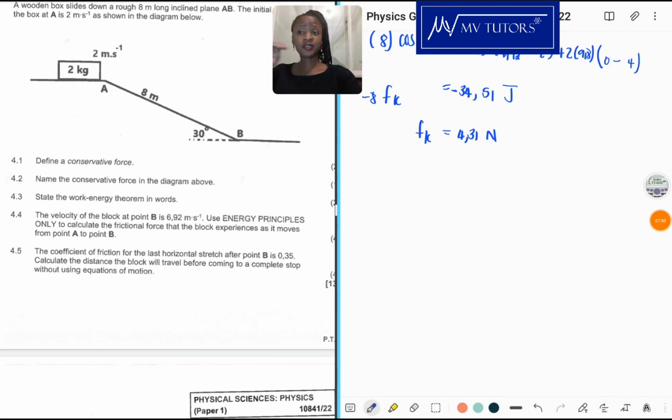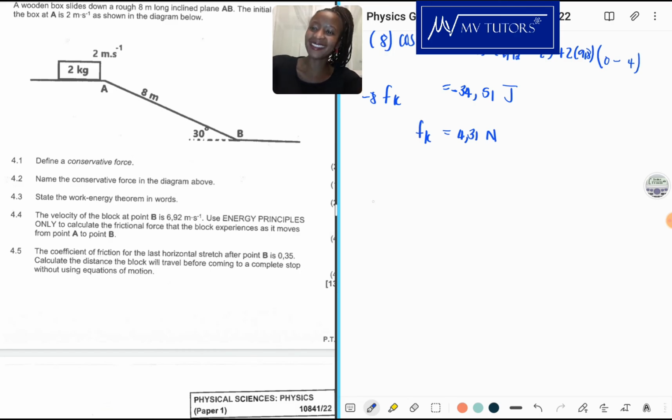Now we move over to 4.5, where it says the coefficient of friction for the last horizontal stretch after point B is 0,35. Calculate the distance the block will travel before coming to a complete stop without using the equations of motion.